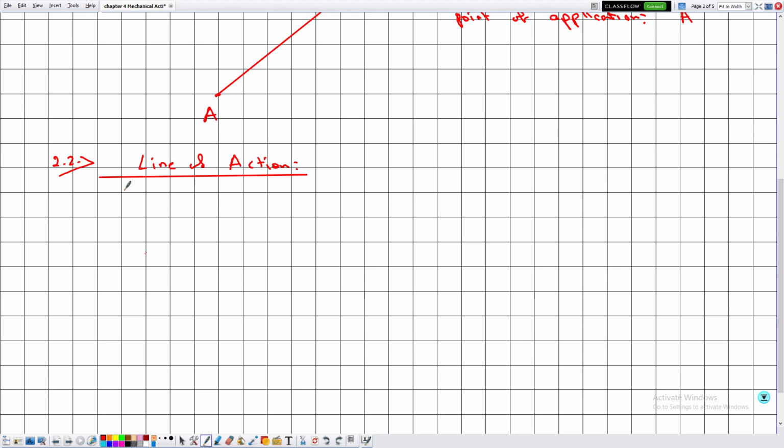So it is the line along which the force is applied.